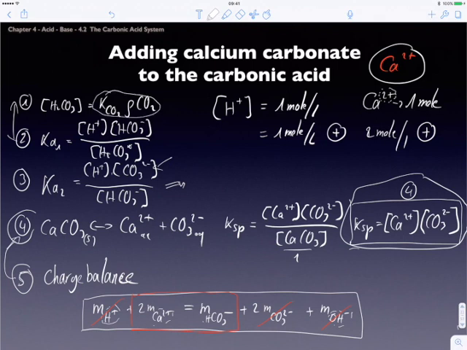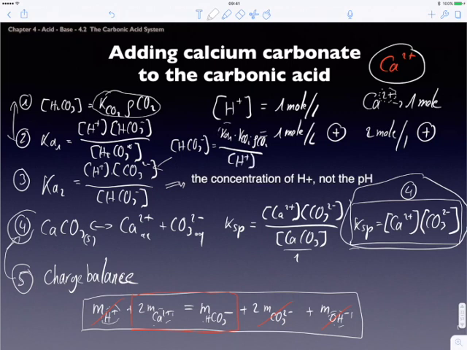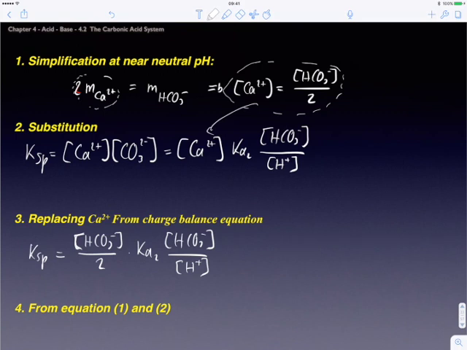So in this case, you can express the bicarbonate as a function of Ka1 times KCO2 times the PCO2 divided by H+. And you substitute that in the next equation, which will give you a totally different one: KSP equal to HCO3- squared times Ka2 divided by 2H+.